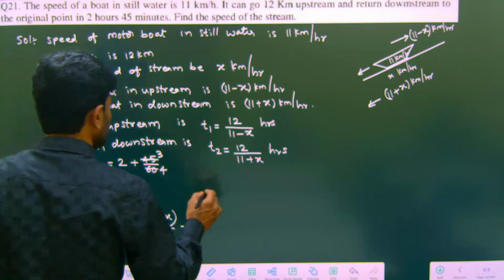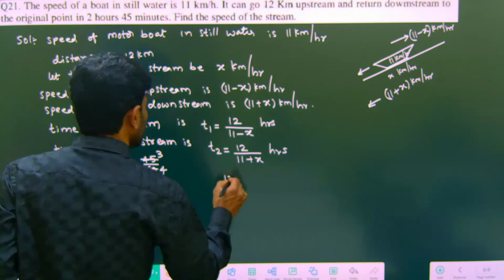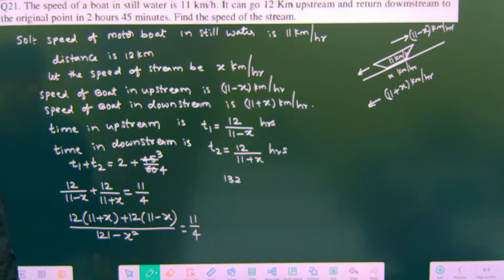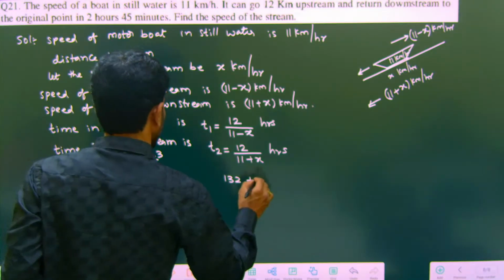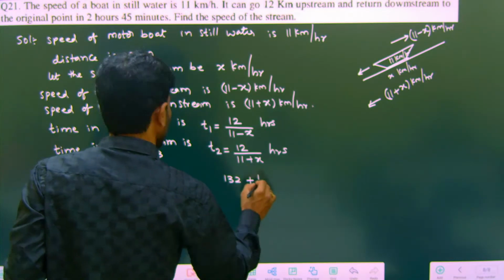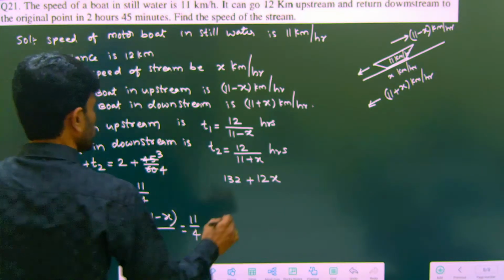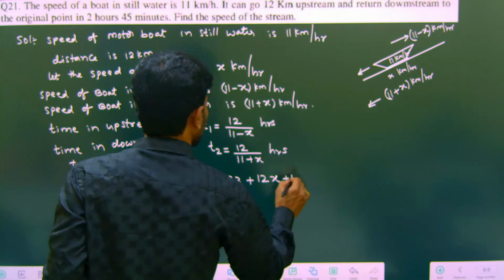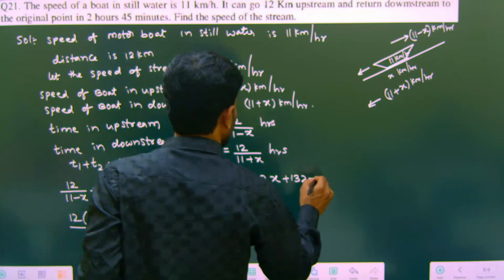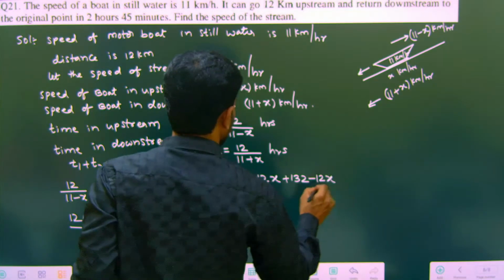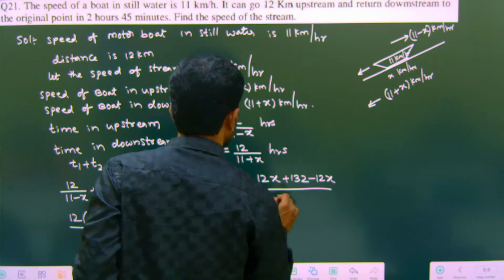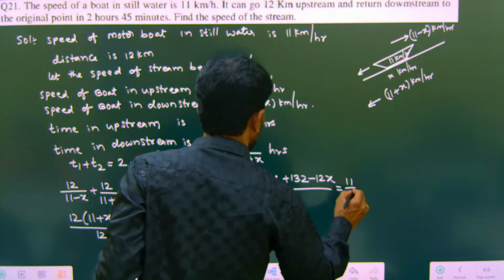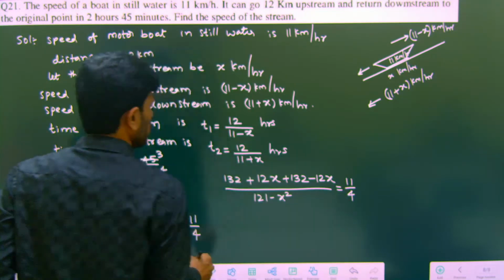11 into 12, 132 plus 12x, plus again 132 minus 12x by 121 minus x square is equal to 11 by 4. So here what happens?